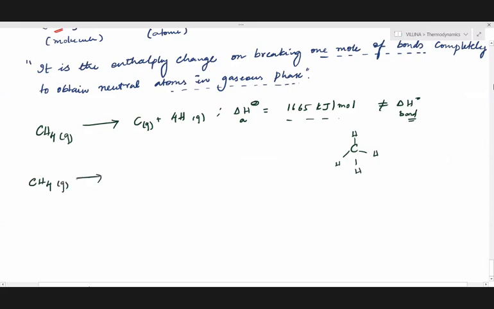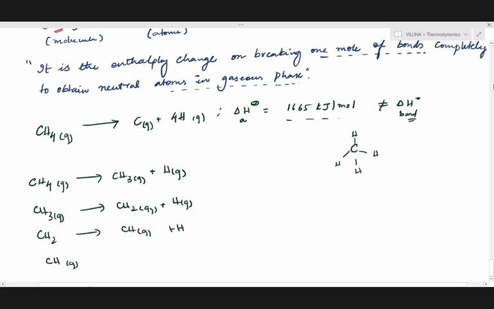In the first case we will convert it into CH3 gas and then a hydrogen atom gas. In the second case, the CH3 formed above will be converted into CH2 gas and then you will have one hydrogen atom. In the next case, this CH2 is converted into CH, and finally this CH will be converted into carbon and then hydrogen.